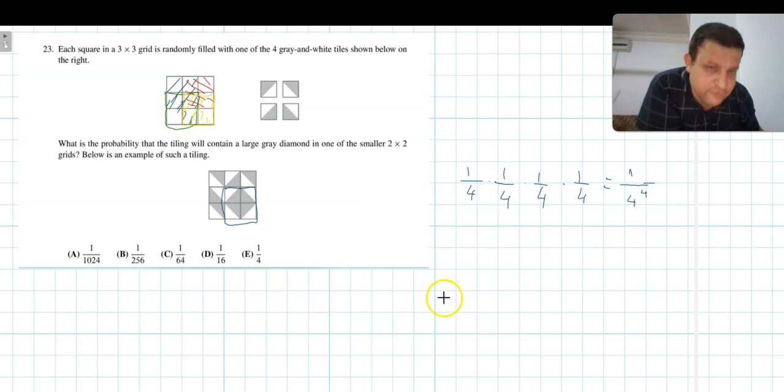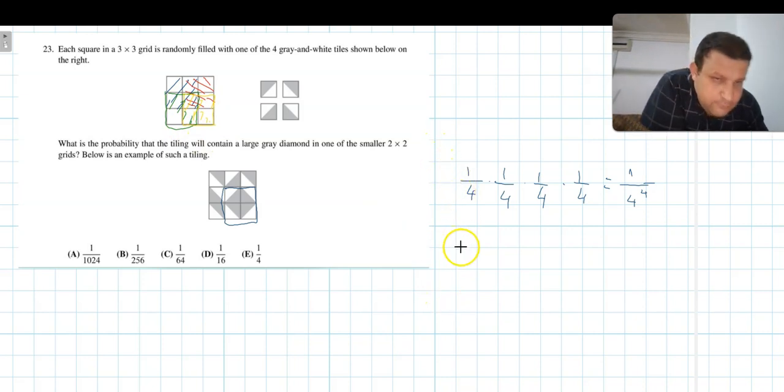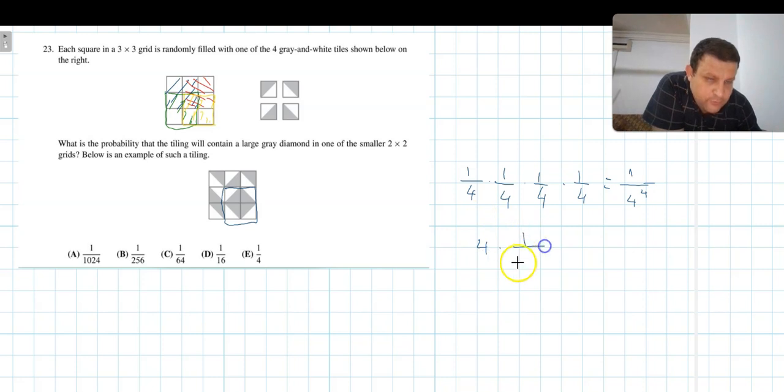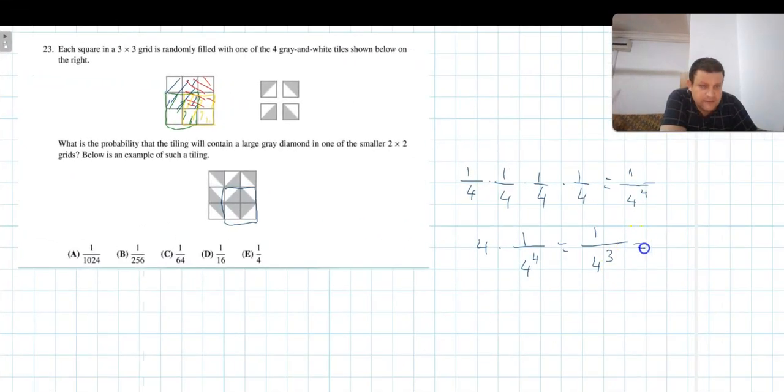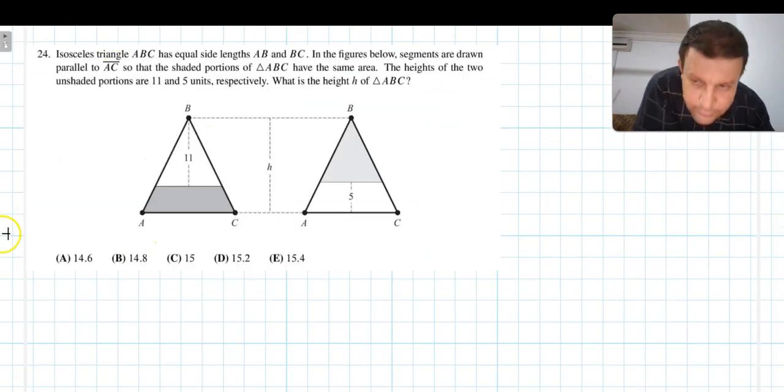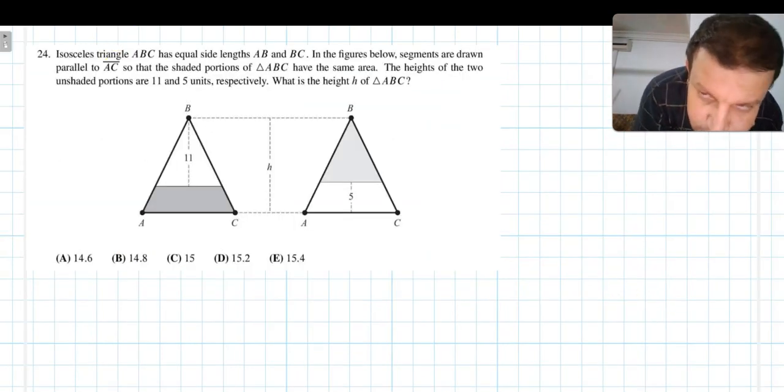So when we multiply this by 4 times 1 over 4 to the power 4, the result is going to be 1 over 4 cubed. 4 times 4 times 4 is going to be 1 over 64. The answer is C, 24. We are getting close to the end.